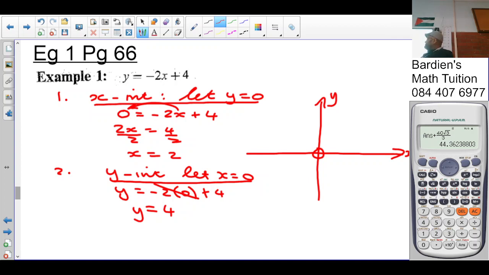Okay? So x is 2, so we mark 1, 2. More or less evenly spaced. Can you see that, people? I'm not going to draw the graph like this, like 1 here and 2 there. That's clearly not correct. We make it evenly spaced, more or less.